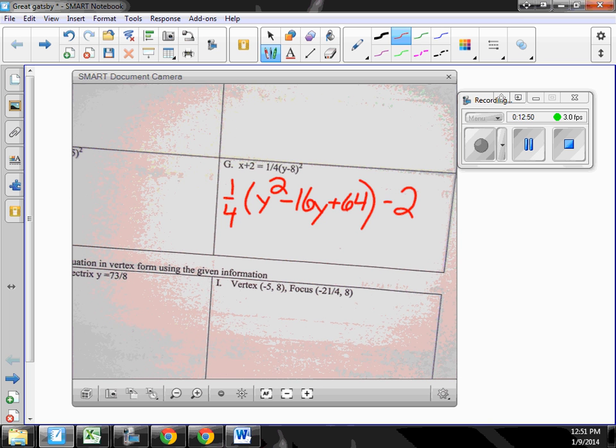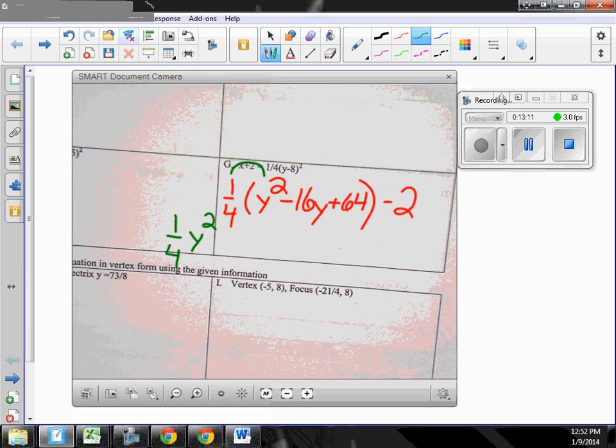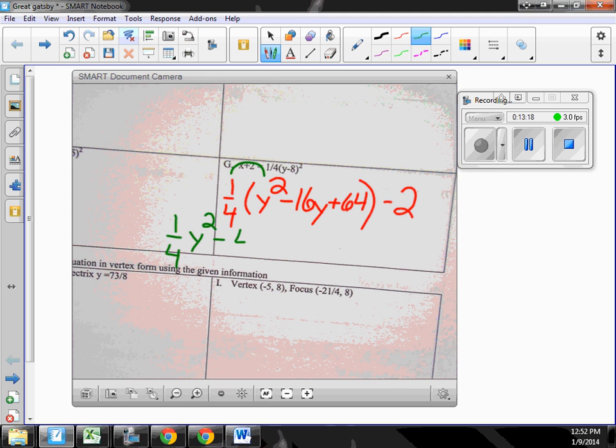Now we need to distribute this 1/4. What is 1/4 times y squared? It's 1/4 y squared. Yeah, just 1 over 4 times y squared, or you could put y squared over 4. It doesn't matter. So 1/4 y squared minus 1/4 of 16 is 4, so 4y, plus 1/4 of 64 is 16.